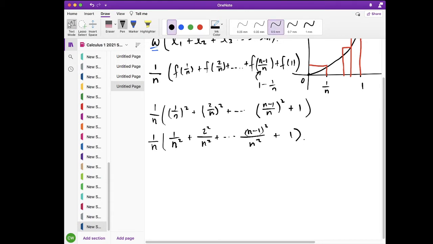So let's just do it. You factor out 1 over n squared, you get 1 plus 2 squared up to n minus 1 squared. Now what happens if you factor out a 1 over n squared from 1? What happens when you factor out a term that is not a factor? How do you deal with that?